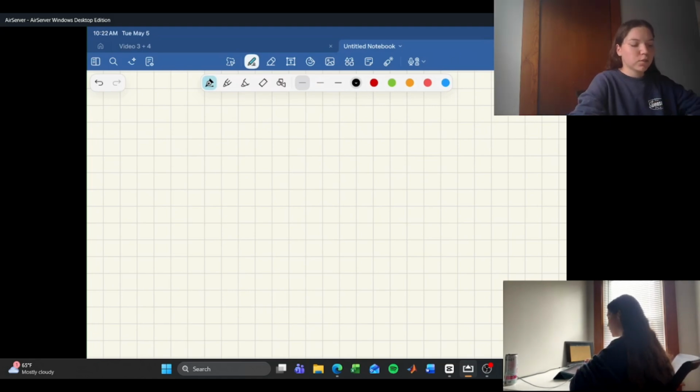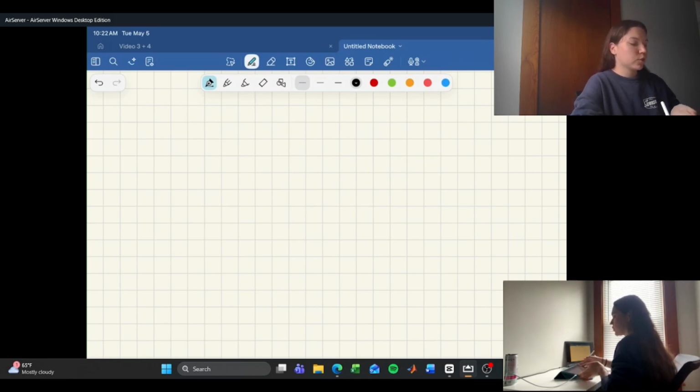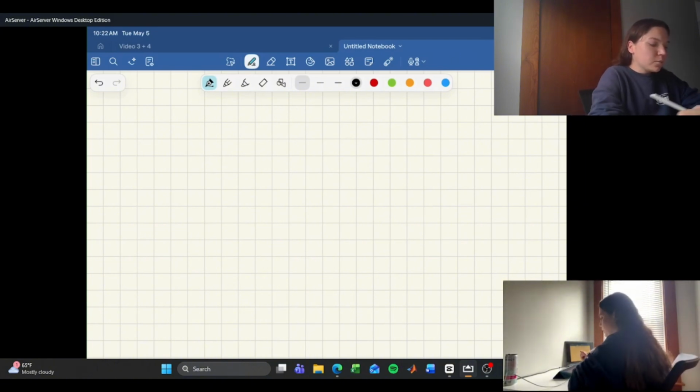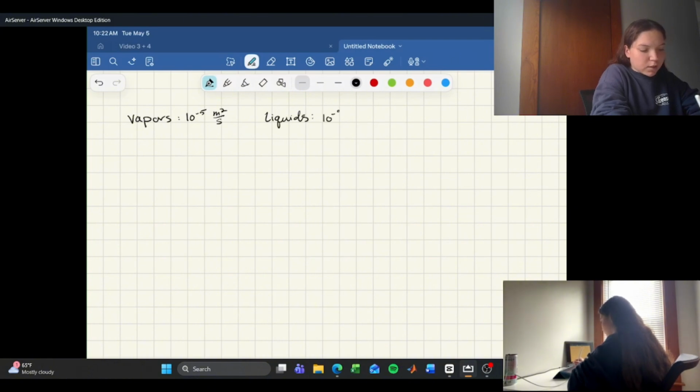So then to start this video, we want to estimate the diffusion coefficients for vapors and liquids. For a rough estimate, most chemical engineers will say that for vapors the diffusion coefficient is around 10 to the negative fifth meters squared per second, whereas liquids are around 10 to the negative 9 meters squared per second.